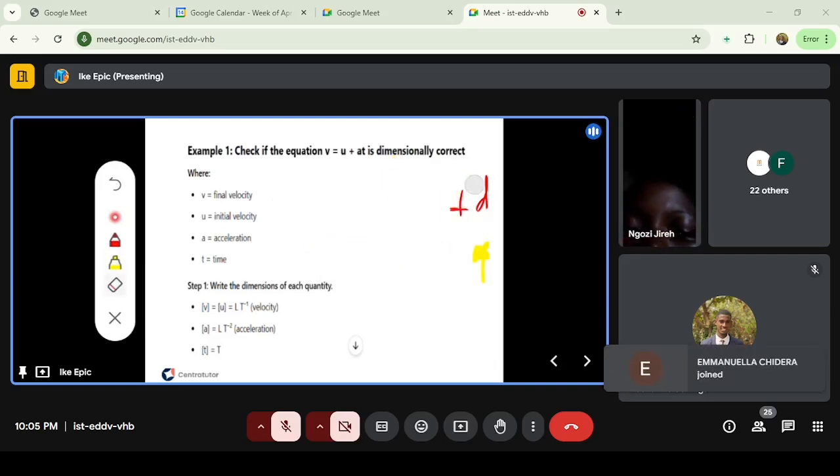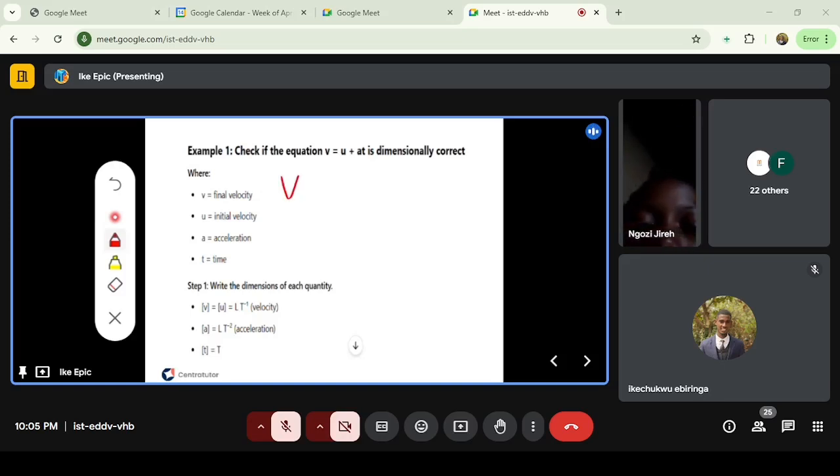So let's move on to seeing how this applies. V is one unit on our left hand side, the expression for our left hand side.